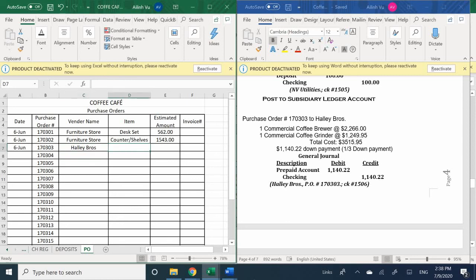And it's for a brewer/grinder. And how much are they telling us it's going to cost? $3,515.95 is going to be our estimated invoice amount.